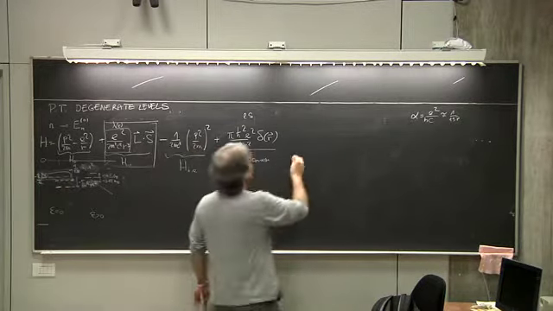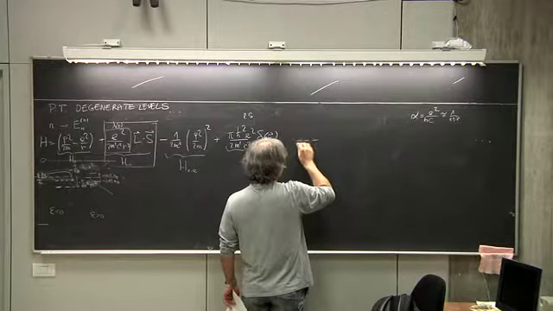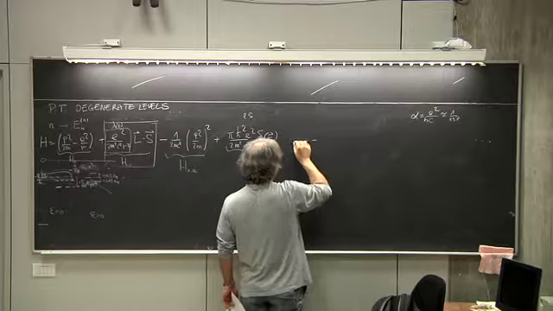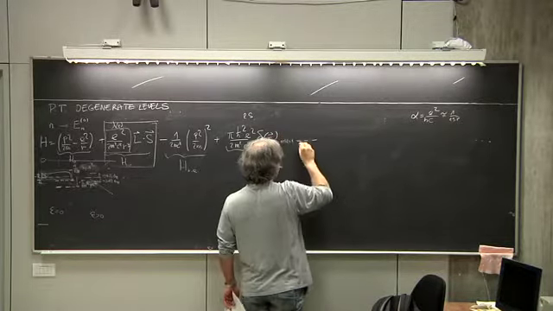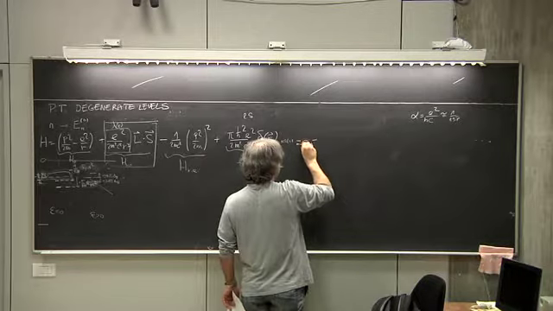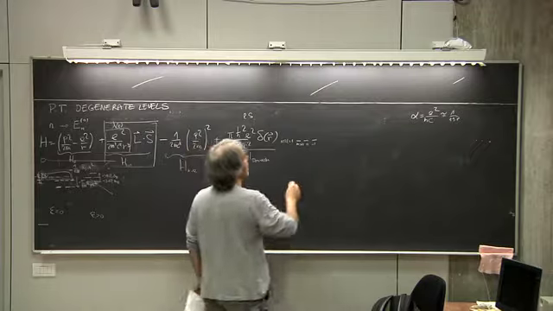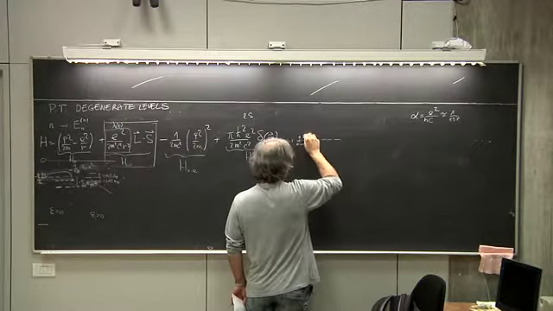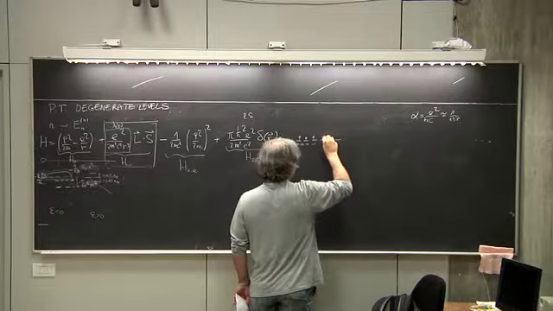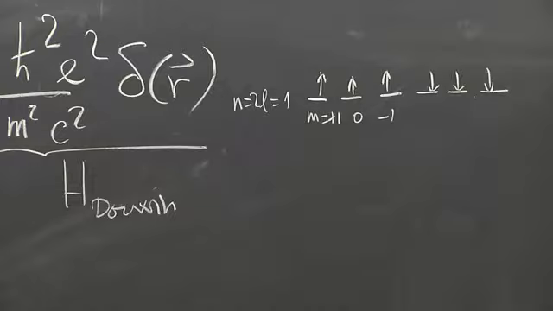So really I do have the 2p, let's call them. So I have L equal 1, N equal 2, and here I have, for instance, M equal plus 1, 0, and minus 1. And there are two of them. So I have the spin up and the spin down. 6 states.